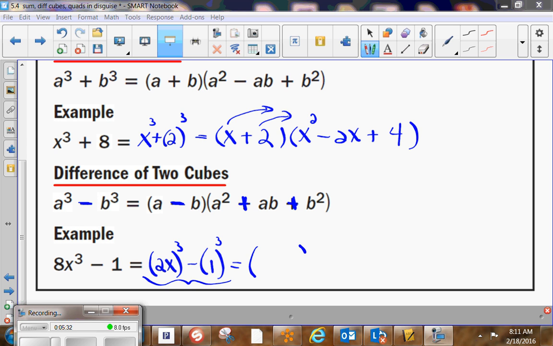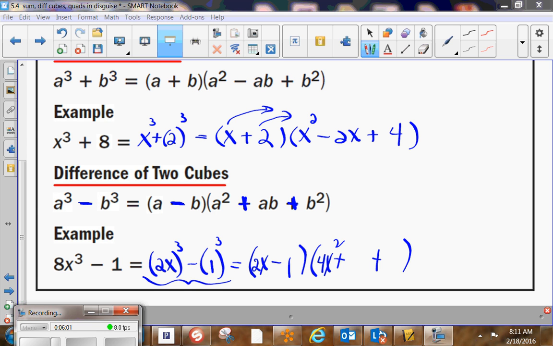So binomial times trinomial. We're going to SOAP it. So the same, opposite, always positive. I'm going to write in the 2x and the 1. First term in my trinomial will be that a, that 2x squared, which would give me 4x squared.